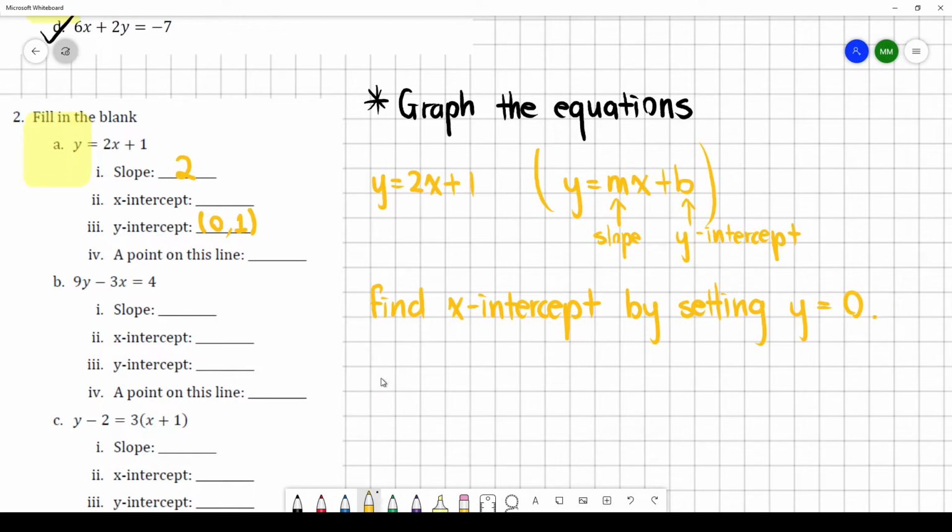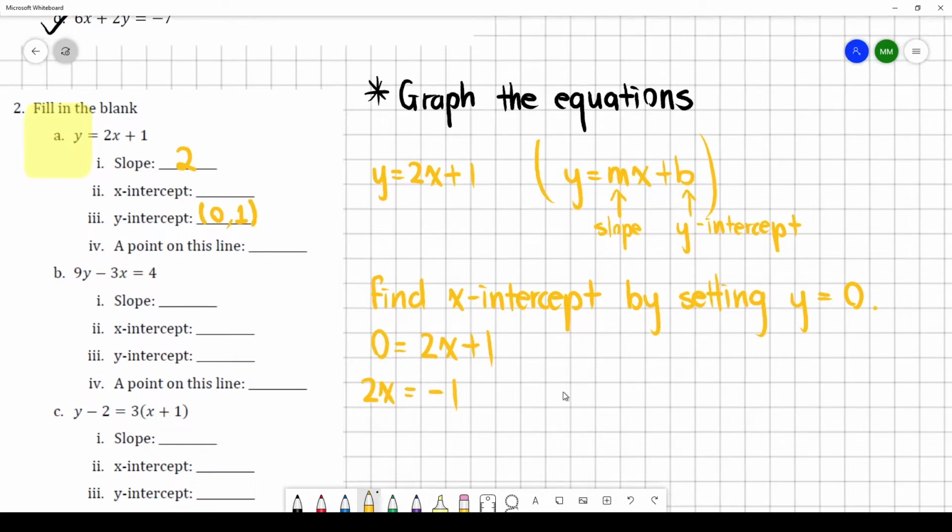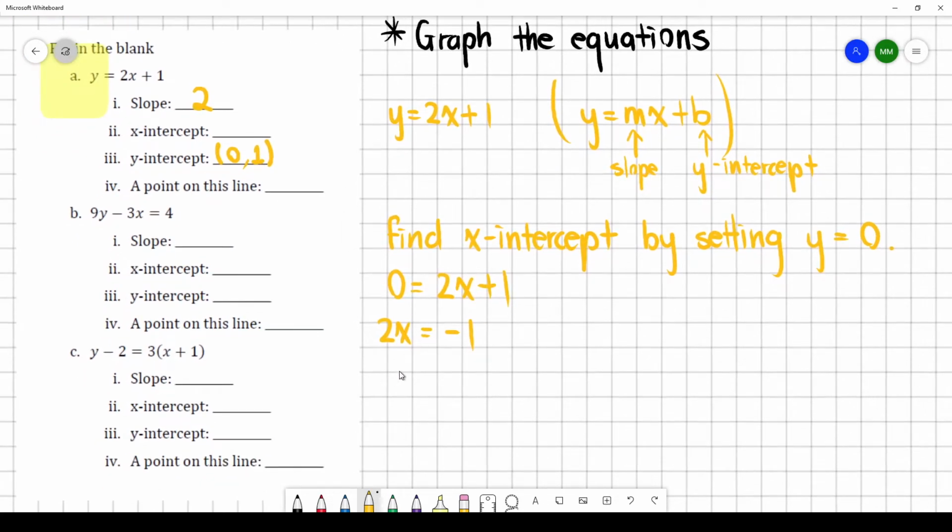So we solve the equation: 0 is equal to 2x plus 1. So 2x is equal to negative 1. And therefore, subtracting 1 on both sides, x is equal to negative 1 over 2.